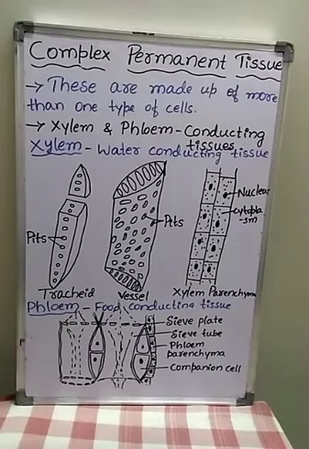Photosynthesis is the process by which food is synthesized, mainly in the leaves. Hence, phloem conducts food from leaves to different parts of the plant. And xylem and phloem constitute the vascular bundle.